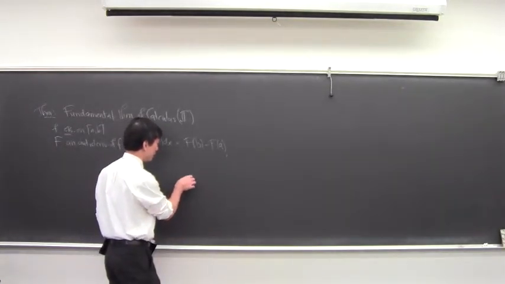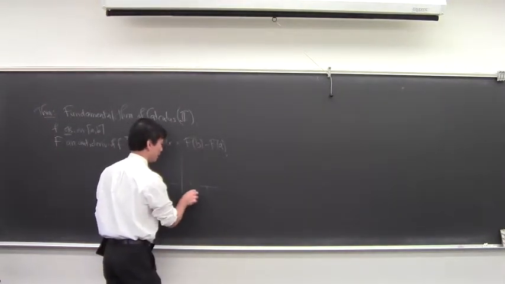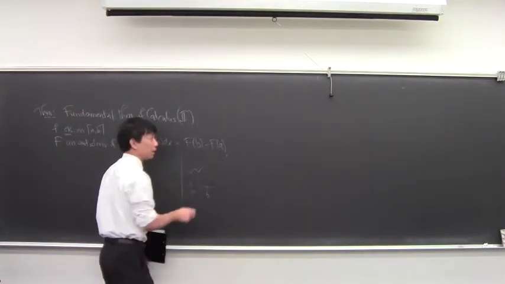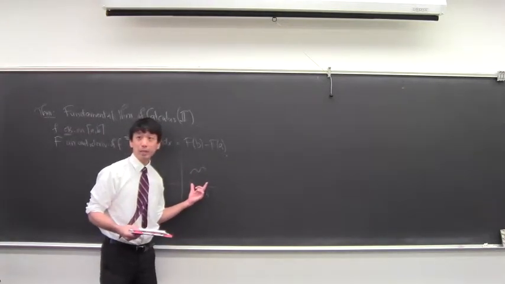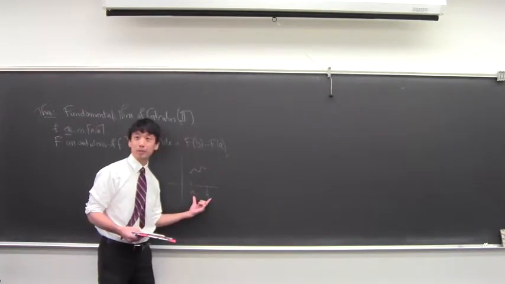So this is sort of a funny statement, right? Because it says that you have some function, but in order to find the area, all you need to do is evaluate this other function at the endpoints, right?